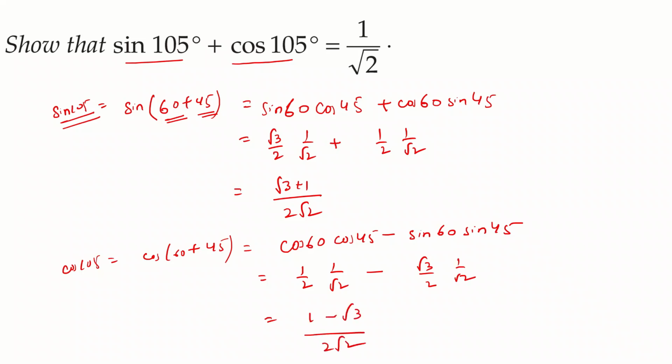And this is quite expected as well, right? You see, 1 minus root 3 is something negative because root 3 is 1.732 approximately. So 1 minus 1.732 gives us negative 0.732.